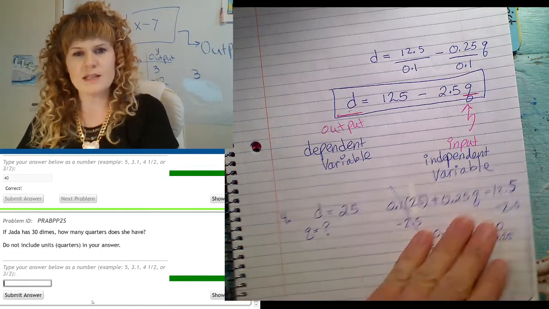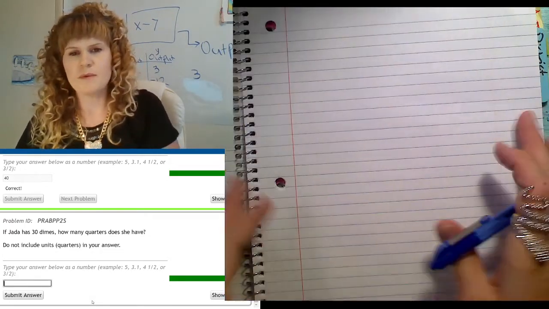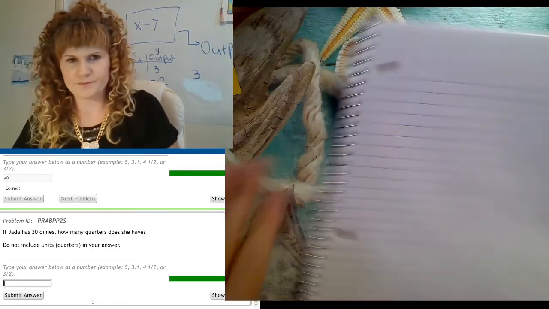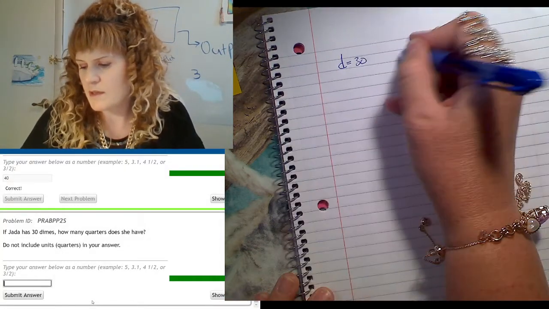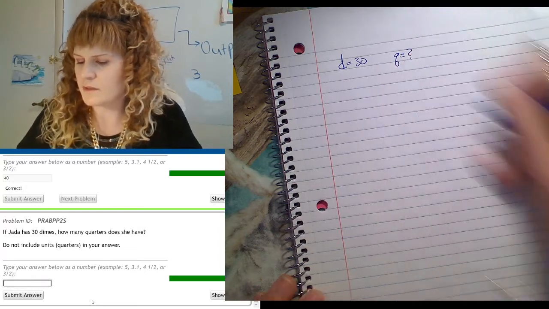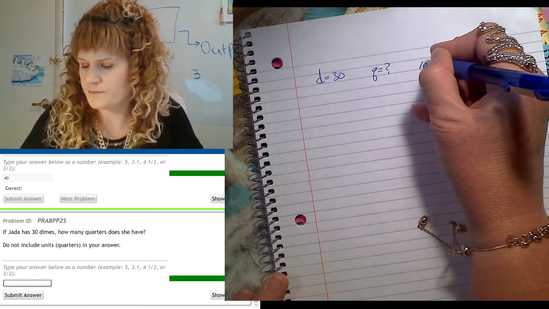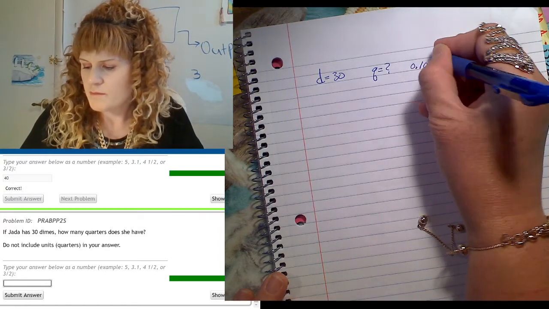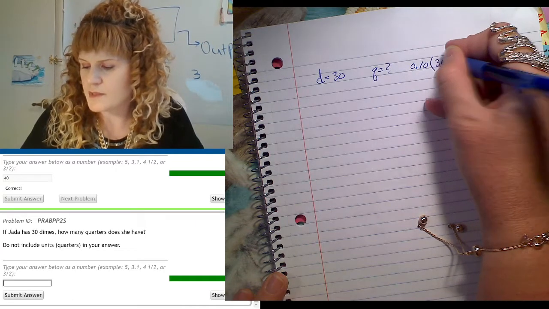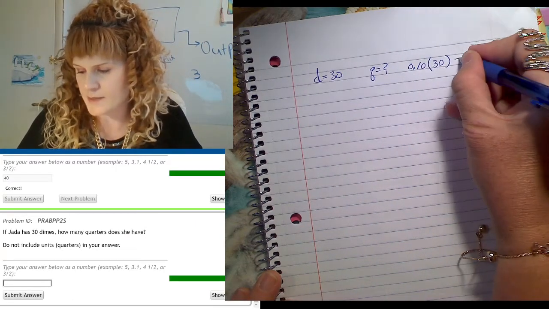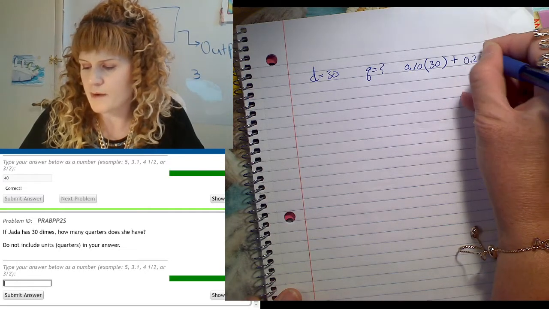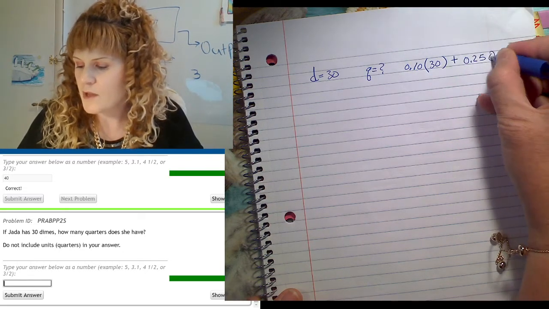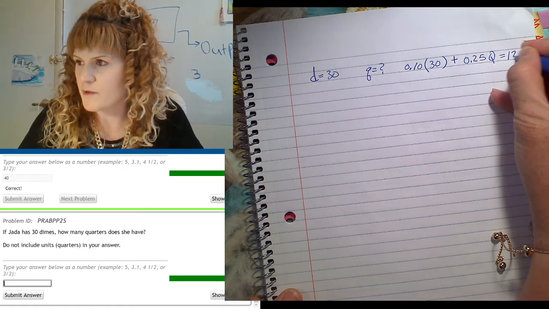Next, if Jada has 30 dimes, how many quarters does she have? So D equals 30. What is Q? Write down the equation. 0.1 times 30 dimes, because I substituted in 30, plus 0.25 quarters equals 12.5.